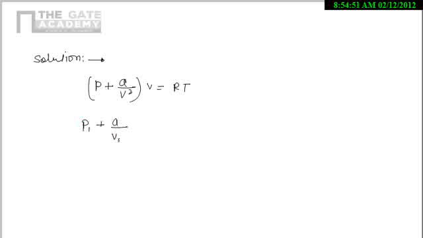So I am giving the solution for this problem. Here they are giving the relationship between pressure, volume and temperature. So I am writing the relation P plus A by V square, into V equals RT. It is an isothermal process. So for an isothermal process, I can write P1 plus A by V1 square, into V1 equals P2 plus A by V2 square, into V2.